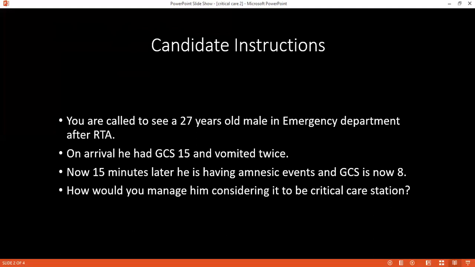Or if there is a Glasgow score less than or equal to 8. What about in the case of a burn patient when it involves the face?